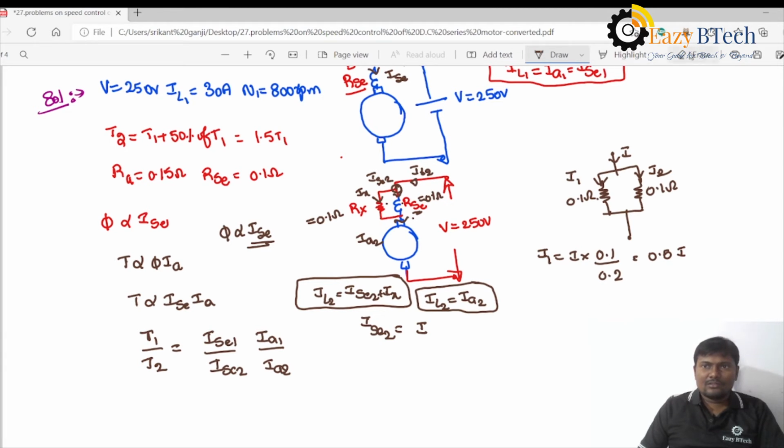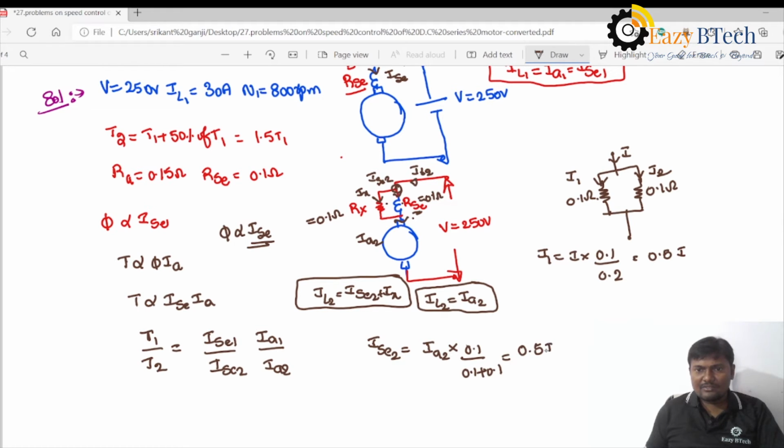Now you can apply the current division rule. ISC2 is equal to the total current IA2 into the opposite resistance 0.1 divided by 0.1 plus 0.1, that should be equal to 0.5 times IA2.